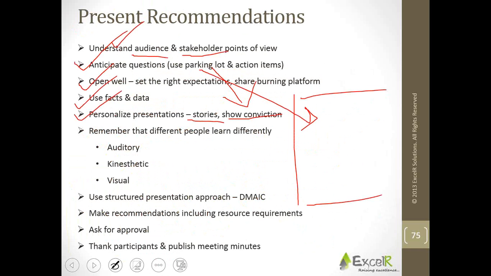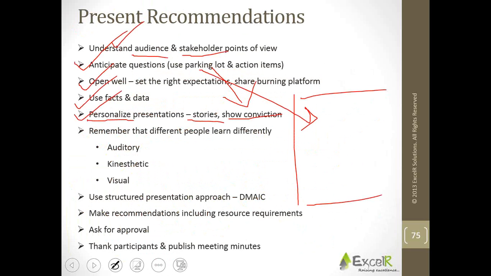Whenever you're presenting, try to bring about a story which is related to the garment shop. And suppose you're doing some productivity improvement in the HR department, or in the finance department, or in the logistics department. Personalize the presentation to only the logistics department, or only the finance department, or only the HR department. Personalize it.